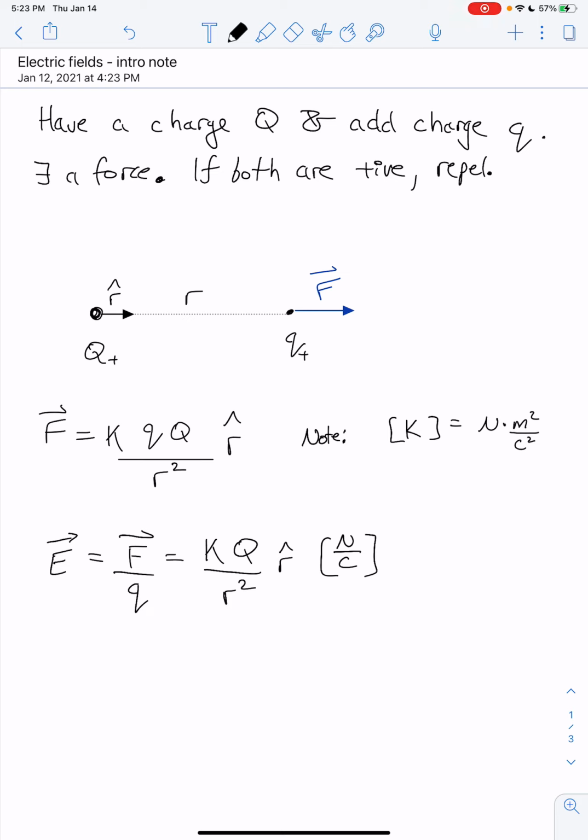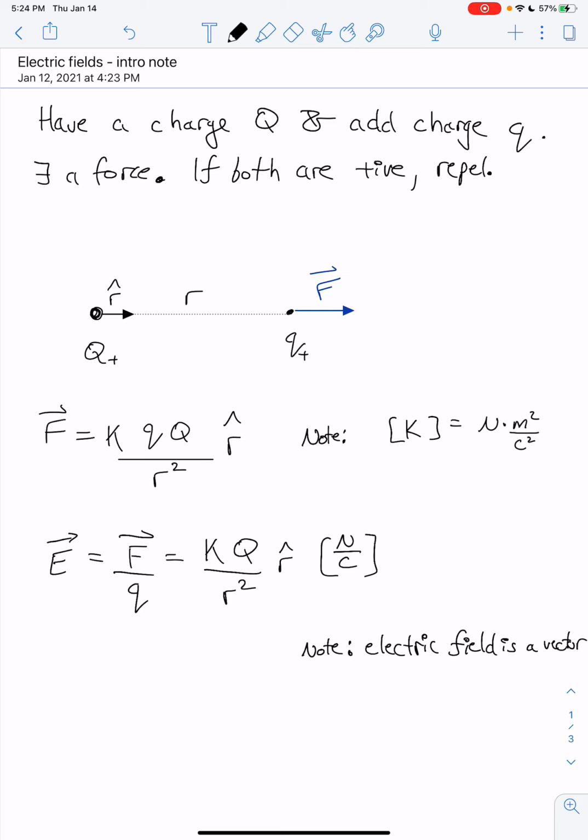Okay, so now we have a way of defining the electric field in the area around big Q. Now, it's important to note here that the electric field is a vector. So there is a direction.